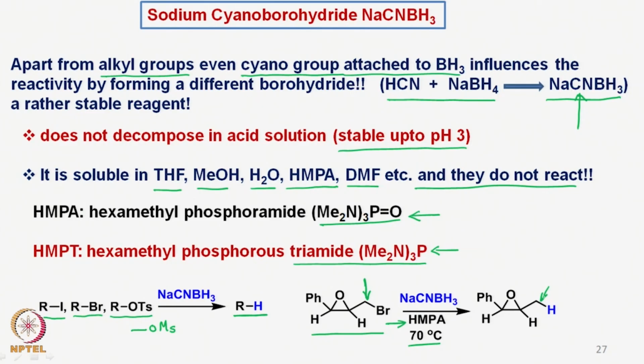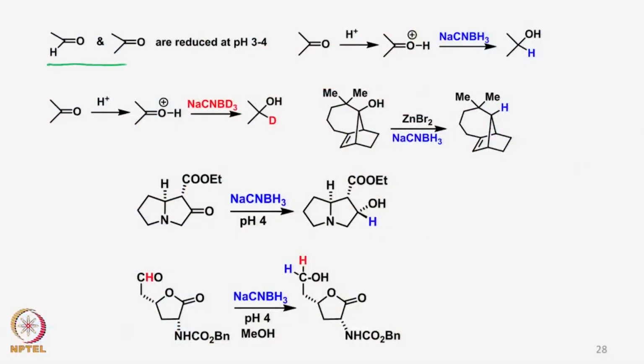In these cases, one thing important to remember is that the reducing agent sodium cyanoborohydride is stable under acidic conditions up to pH 3. So what are the reactions that are done? As I mentioned, we have decreased the reducing ability of sodium borohydride by introducing a cyano group, and thus sodium cyanoborohydride is less nucleophilic, therefore we need to increase the electrophilicity of the molecules which we need to reduce.